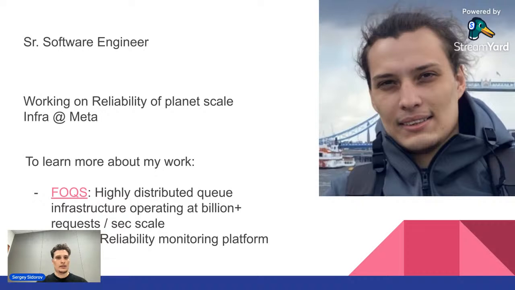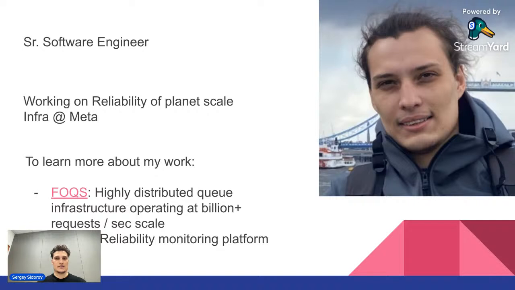So my name is Sergey. I'm a software engineer currently working on change safety infrastructure at Meta. You can find more about the work our team does in engineering blog posts. Here, just to mention a few examples. One of them is Fox. It is highly distributed queuing infrastructure that powers almost all business products at Meta, including Threads, WhatsApp, Instagram, and others.